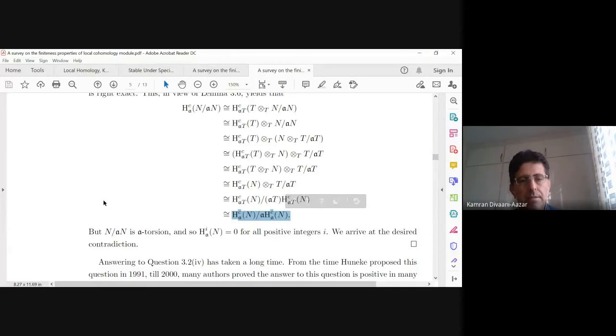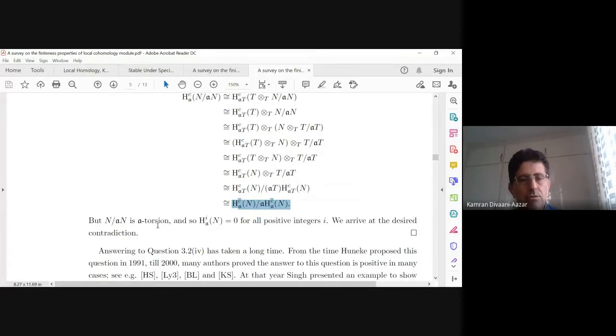But N over aN is a torsion module. Clearly, any element of this is annihilated by A, so this is a torsion module. And by one of the results that I mentioned already, for torsion modules, positive local cohomologies are 0. Sorry, here it should be N over aN.